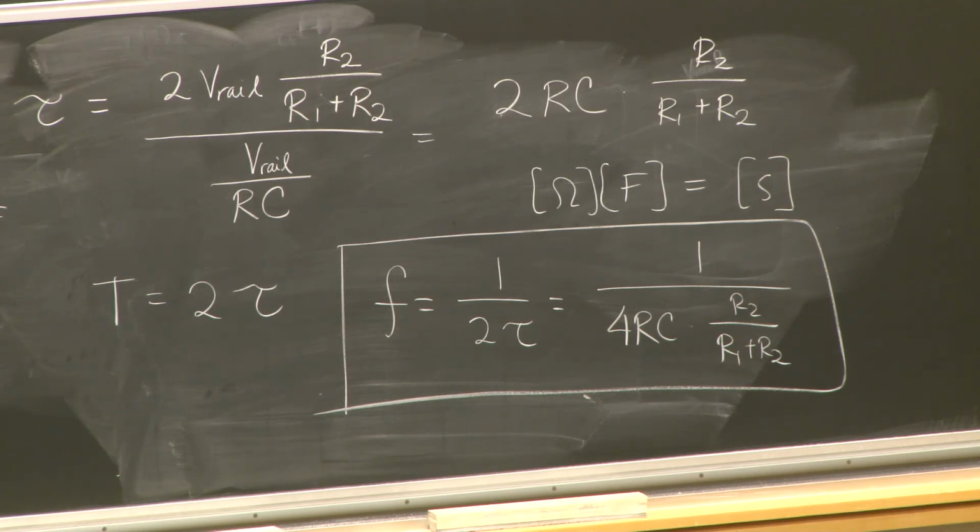And it turns out that a human's hearing range is about 20 hertz to 20 kilohertz, 20,000 hertz. Human hearing. Okay? So what we could actually do is make these timers. If we take this output voltage and attach a speaker to it, we can actually make sound.